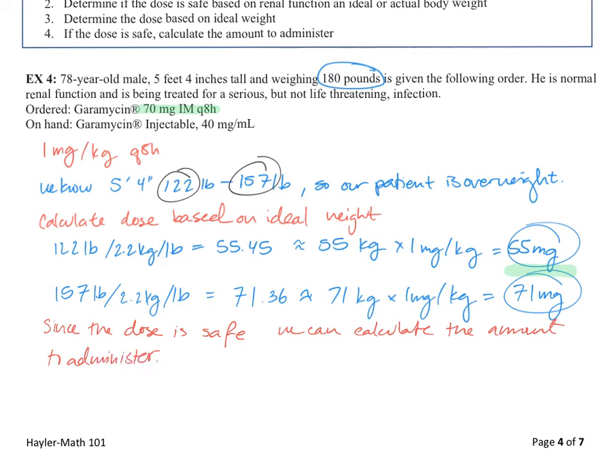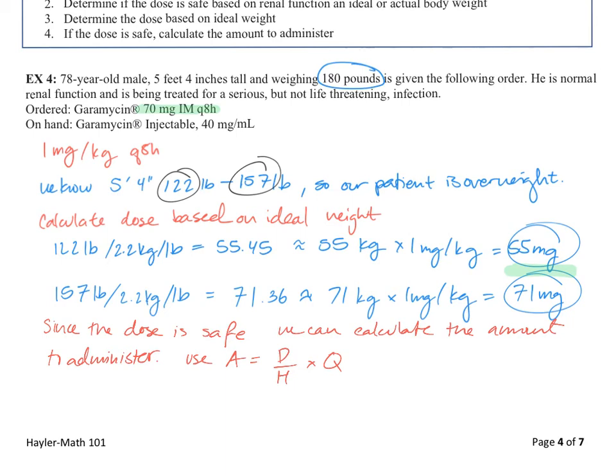Okay. We'll go ahead and use the formula: A equals D over H times Q. D, remember, being the dose ordered, H the dose on hand, and Q is the unit.